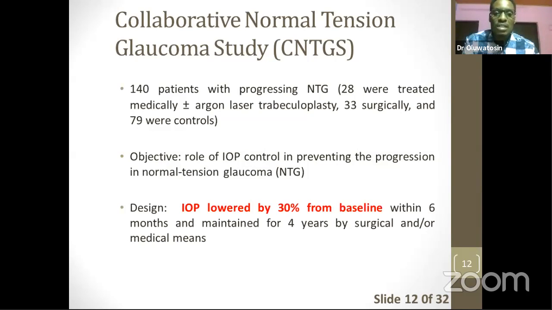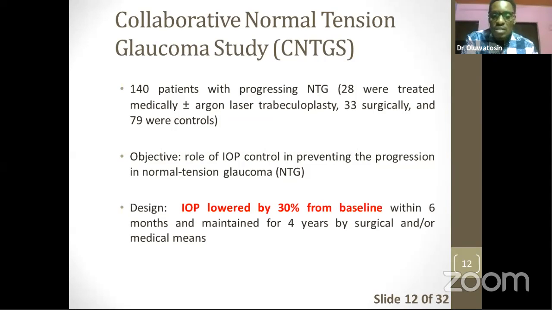The 71 patients were the treatment group, and among the 71, 38 of them had medical therapy, that is the use of eye drops, with or without laser treatment, while the remaining 33 patients among the treatment group had surgical intervention, while the remaining 79 patients were left without treatment. The objective of the study was the role of intraocular pressure control in preventing the progression of normal tension glaucoma.